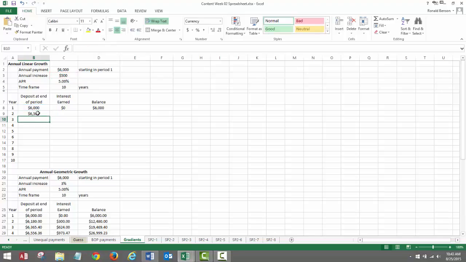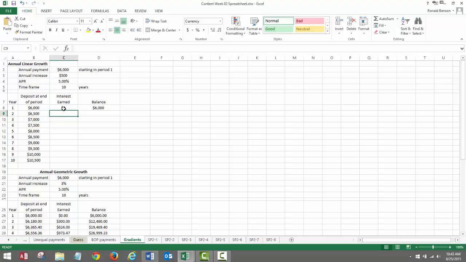But we want that increase to stay the same every year, so let's put dollar signs in front of it. That way we can drag it down and it will not change. The B9 changed from here, the C3 did not.